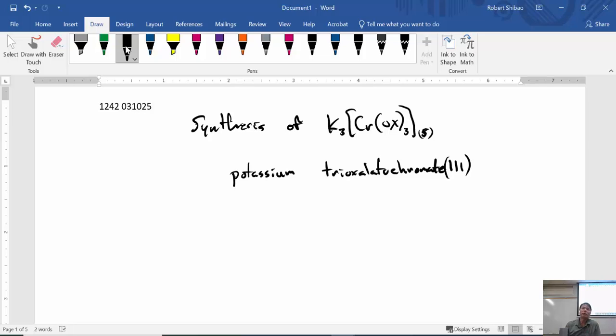Can somebody remind me what the chromate ion is? This chromate is not to be confused with the chromate ion. Chromate has the formula what?